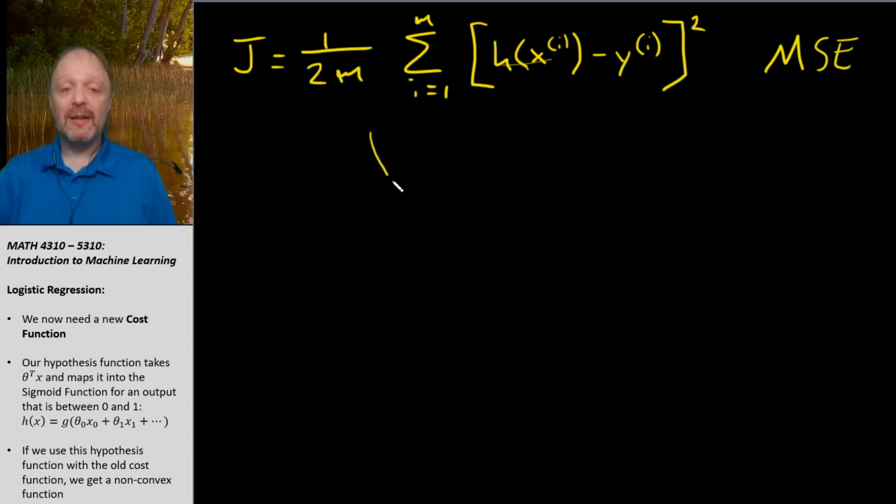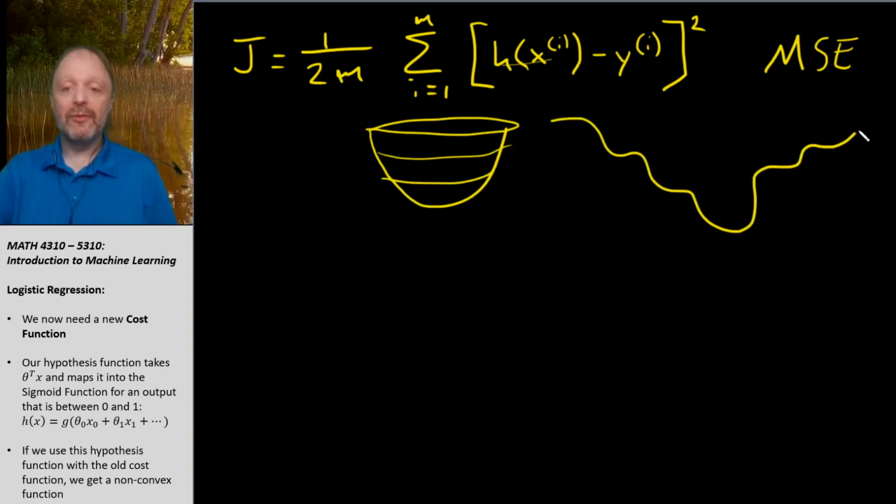So it is not a bowl anymore. It is something with several local minima, and you don't know which one you're going to settle into. Okay, so we need something that's completely different from this for our new cost function for the logistic regression.